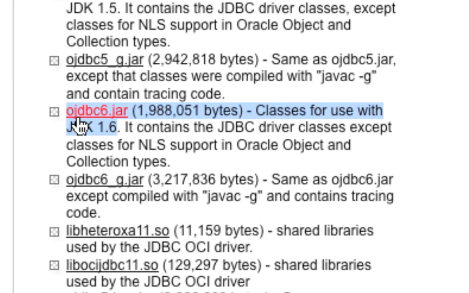It's called OJDBC, ODBC and JDBC all in one. OJDBC6.jar is the one you want, and that one is going to work with 10G or 11G on XP or Windows 7 with 1.5, 1.6, and 1.7 of the JDK. If you got all that, you're in good shape.